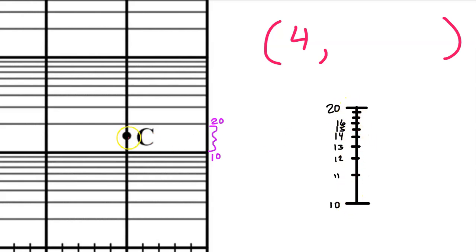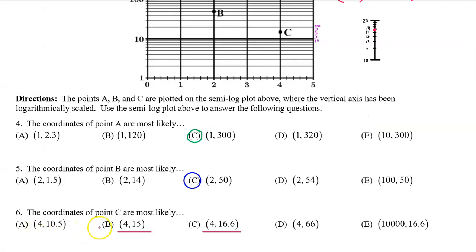So this point C, which is closer to 20 than 10, is actually about here on the axis. So it's going to be closer to 15 instead of 16 point something, which would be quite close. So I'm going to go with option B as the answer.